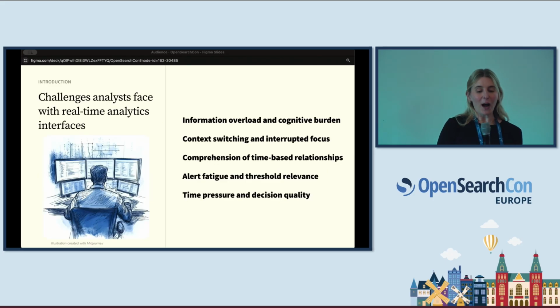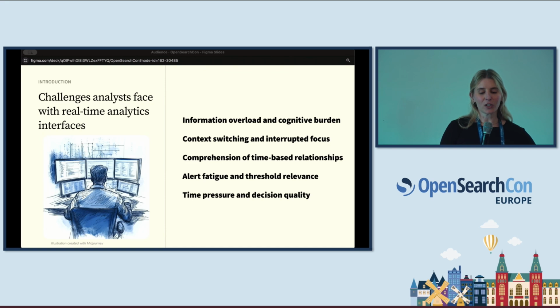Okay, so why is the fact that it's near real-time analysis so important to the user experience approach? It's because end users face unique challenges with real-time interfaces. Let's talk through these. First, information overload and cognitive burden. End users, analysts often struggle with the sheer volume of information presented in real-time analytics interfaces.